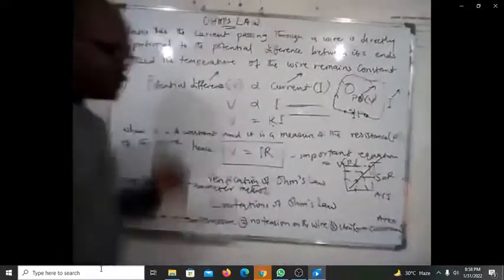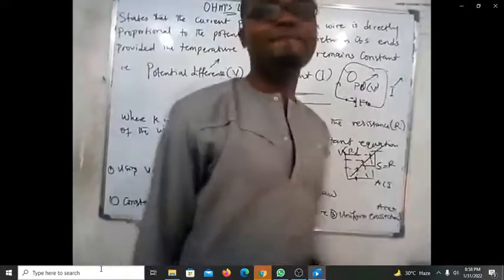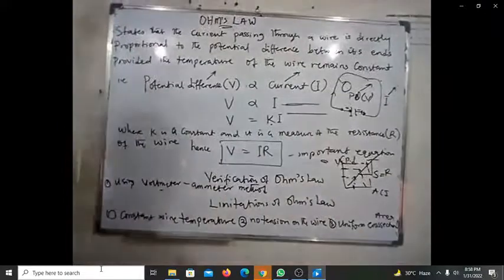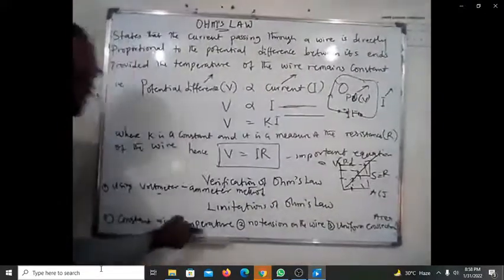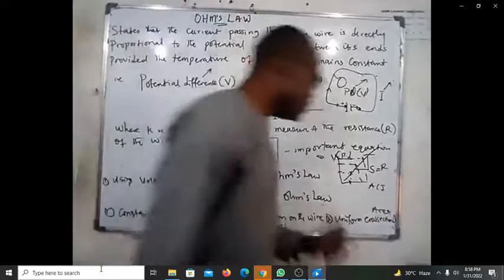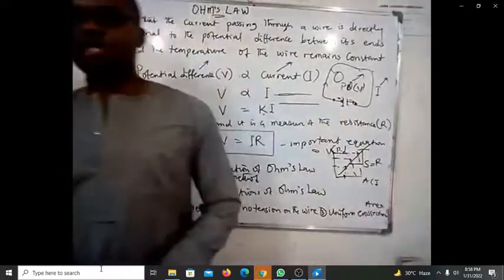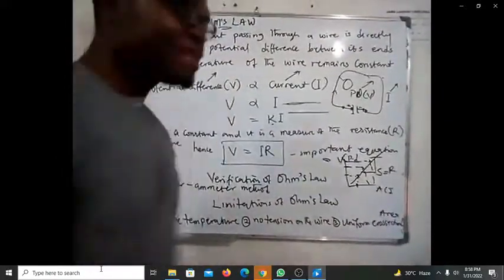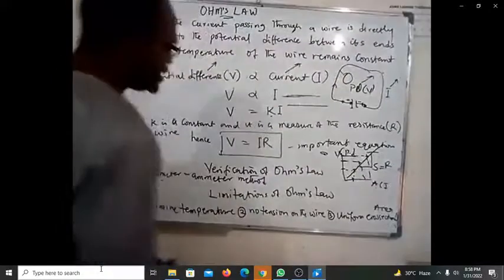And you can verify Ohm's law by using the what? Voltmeter-ammeter method. And for Ohm's law to be obeyed, there has to be constant wire temperature. There should be no tension on the wire. And there should be uniform cross-sectional area of the what? Wire. And also the wire must be made of the same material.